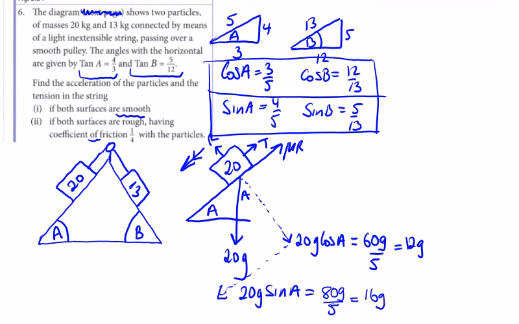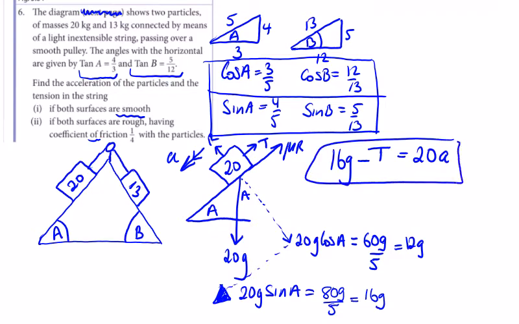And now we know it's going down, we said with acceleration a. So if I create my equation, the only thing going down is this guy here, which is 16G. And going backwards, we have minus T because there's no mu R presently, and that's equal to ma, which is 20a. First equation.